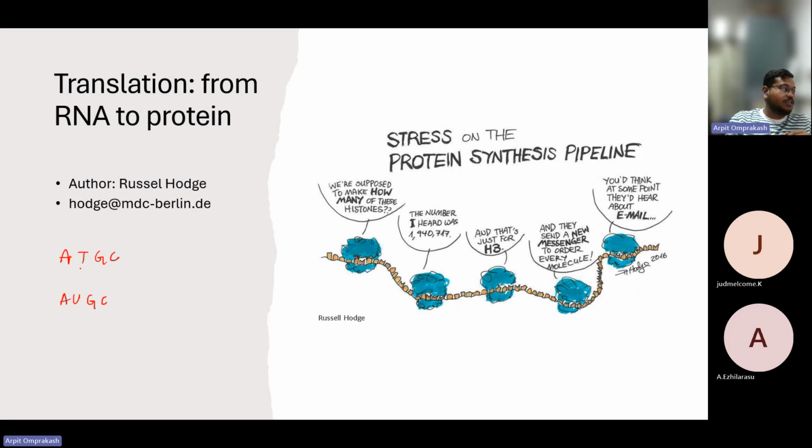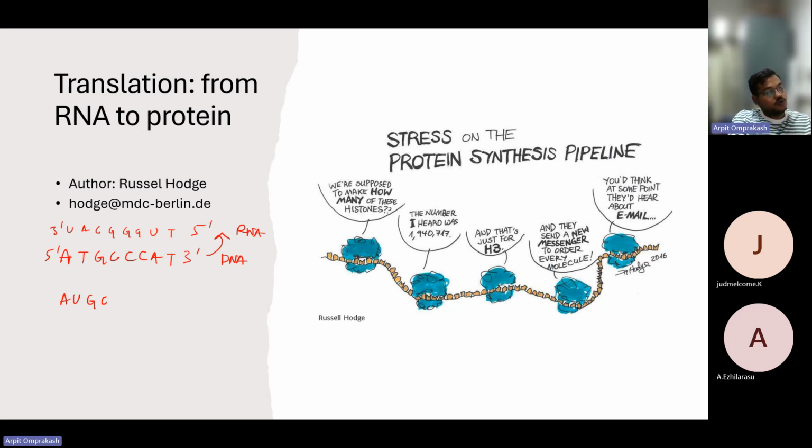So instead of T, you have U. If you have a strand of DNA, you can have a corresponding strand of RNA that you can directly transcribe. So A here will become U, T here will become A, G will become C, C will become G, and so on. So this will be an RNA that is produced from the DNA strand. Right.